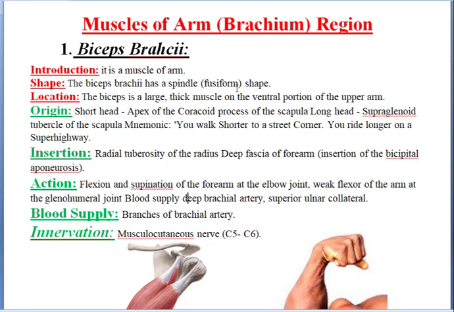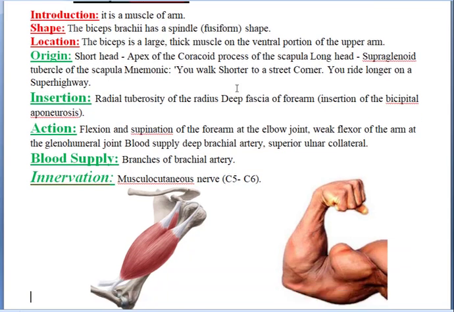You can see the shape here, this is fusiform shape. And what is its location? The biceps is a large thick muscle on the ventral portion of the upper arm, ventral or anterior portion. I hope you learned this point a little bit before. So ventral portion. Now what is its origin?